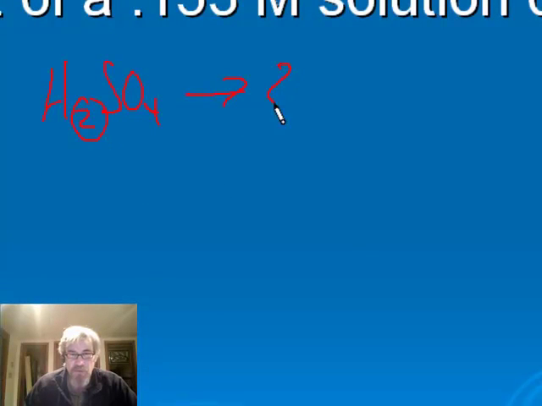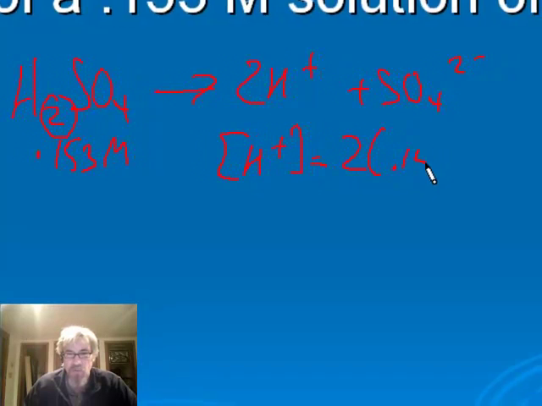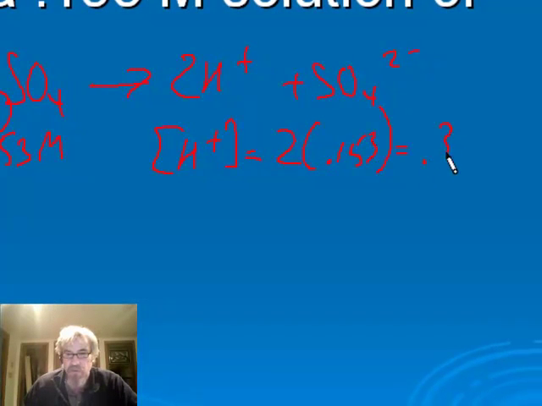Remember, the subscript 2 means I'm going to get 2 H+ and I'm going to get a sulfate, SO4 2-. So if this is a 0.153 molar solution of H2SO4 and my ratio is 1 to 2 for hydrogen ions, the concentration of hydrogen ions in my solution is going to be 2 times 0.153, and that means 0.306 molar.